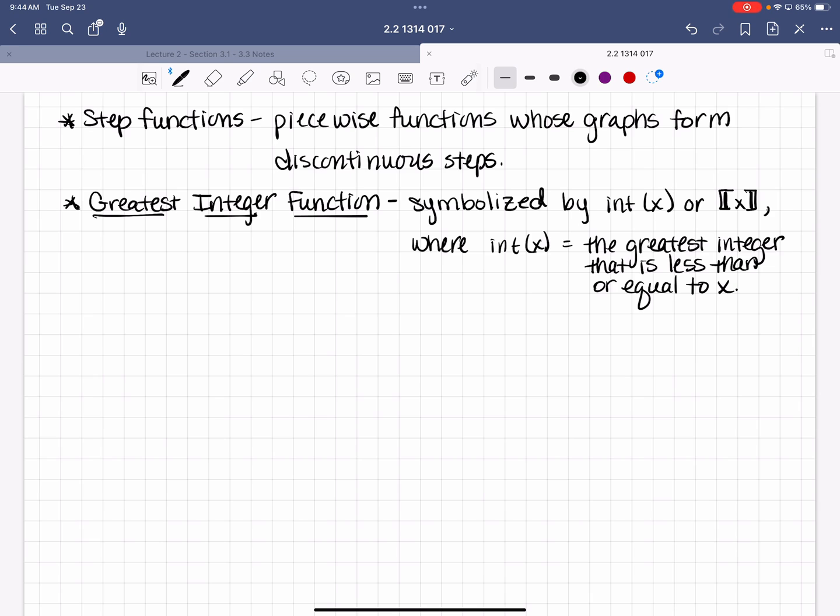Some places will call them floor and ceiling functions later on. But for this textbook and this class, we just briefly discuss the greatest integer function.